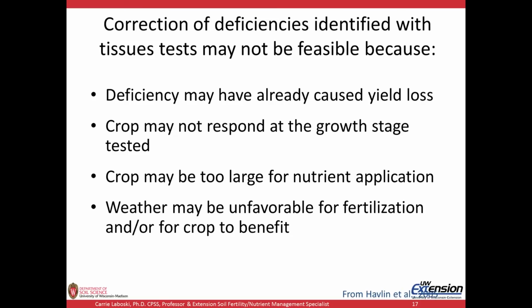And we can't always rule out the fact that sometimes the weather is not favorable for conducting an in-season application. So there's a lot of reasons with plant analysis that we may be able to figure something out, but we can't do anything about it for this crop. It's just a done deal. But it might help us in thinking about, is this an issue that we're potentially going to have in the future on this field for other crops, and then to do something about it for the future.